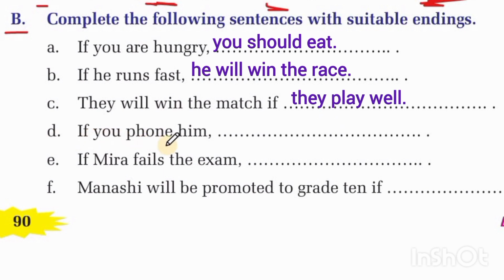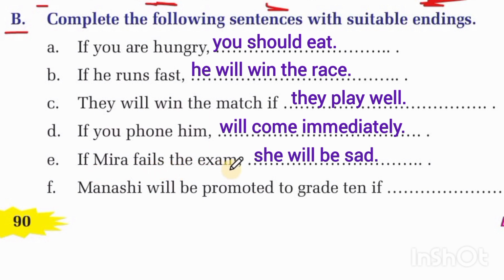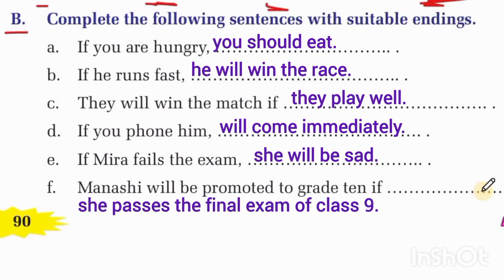D. If you phone him, he will come immediately or he will receive your call. E. If Mira fails the exam, she will be sad. Of course she will be sad. F. Manasi will be promoted to grade 10 if she passes the final exam of class 9.